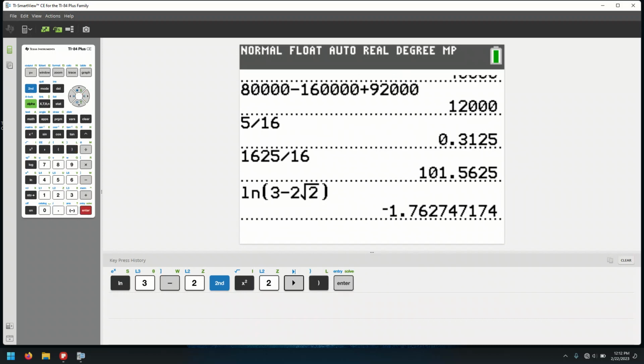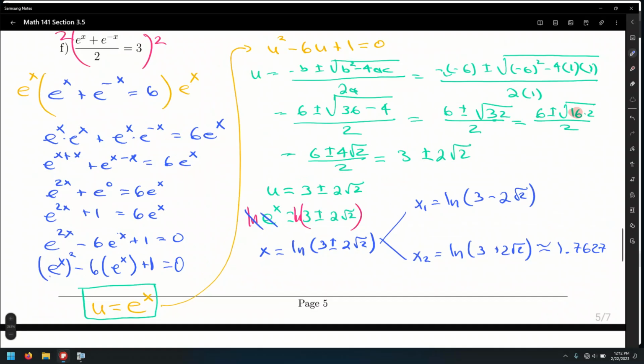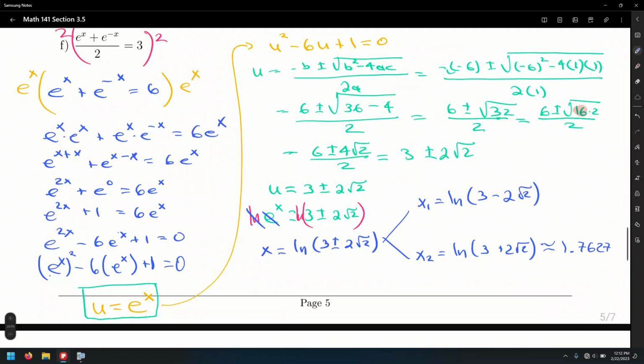Oh, it's a negative number. It's all right. I mean, it's a number. It's not a negative number inside of the argument in this case, but the output is negative, which is fine. So let's go back, and that's approximately negative 1.7627, and that's when we round this to two decimal places precisely.